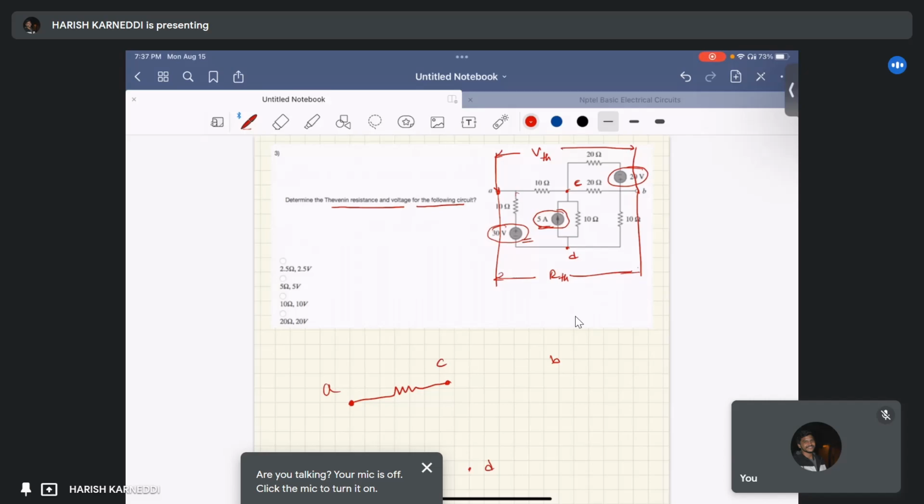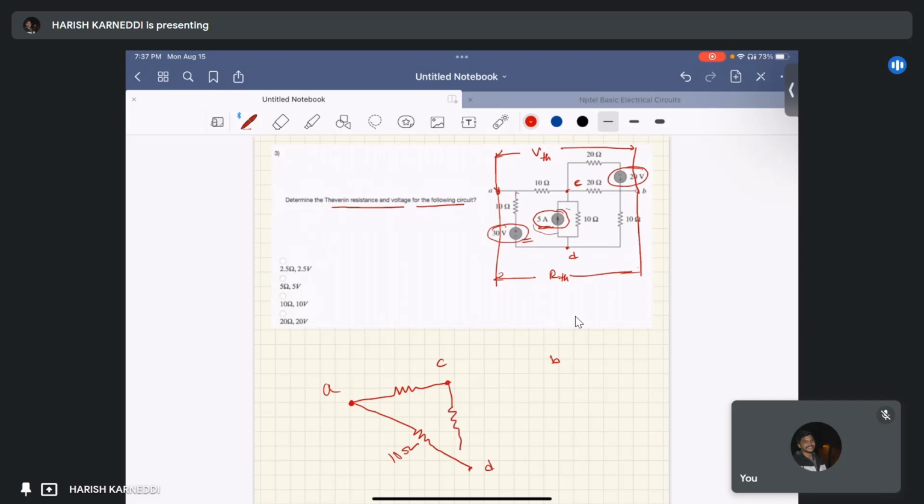We have to replace this voltage source with its internal resistance, that is 0 ohm. We have to short circuit this voltage source. Therefore, this 10 ohm, right? And similarly, here we have to make this current source 0. That is, we have to open circuit this 5 ampere current source. Therefore, only 10 ohm.